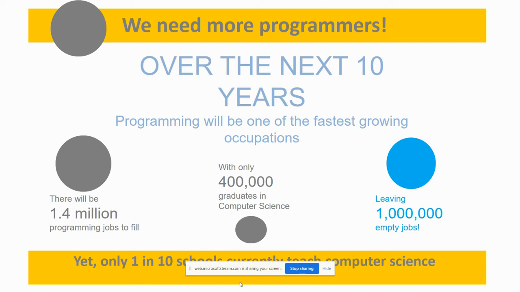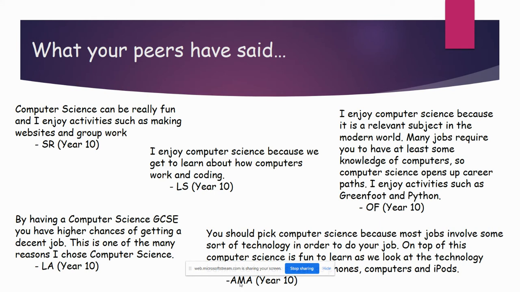So it is a GCSE moving forward, that if you're going to study at university, other schools may not be able to offer to their students. So these are some of the things some of our previous pupils have said. I'll just leave them up there for a minute for you to have a little read through.